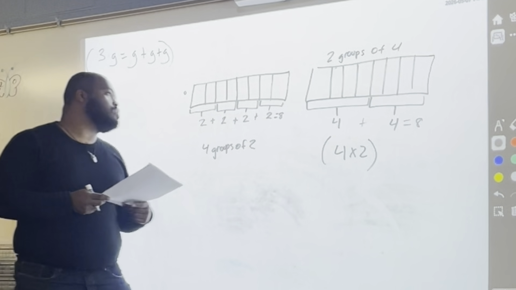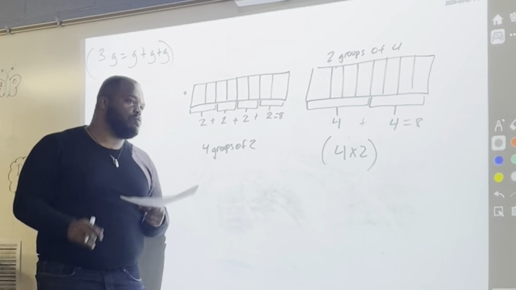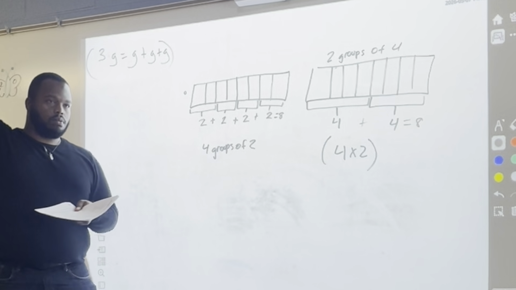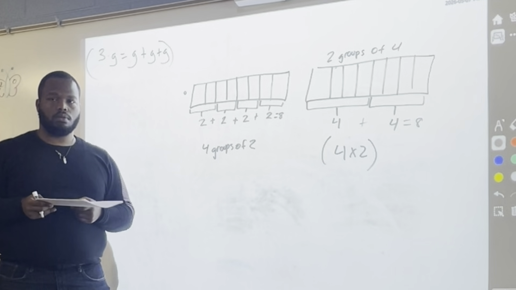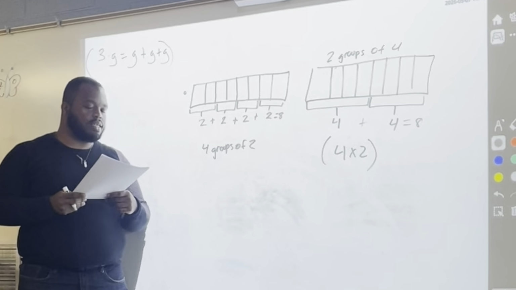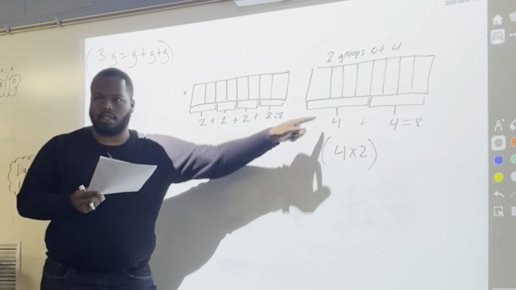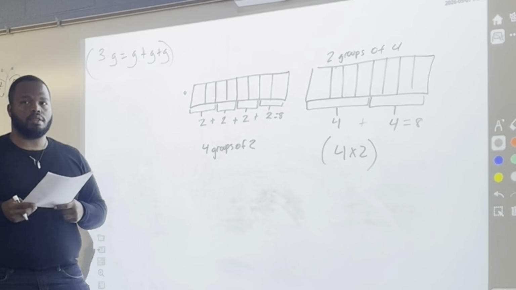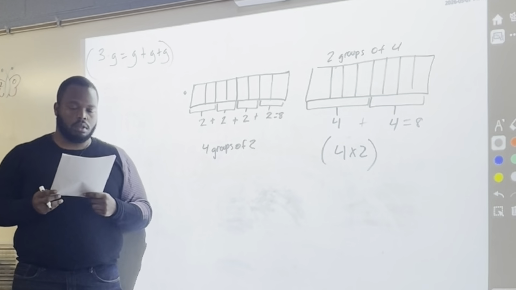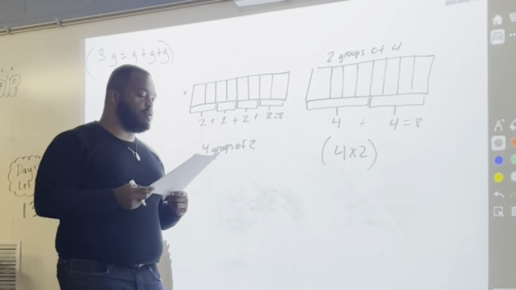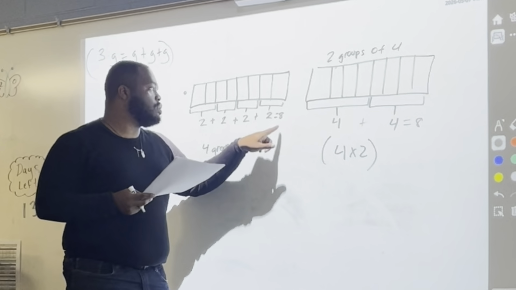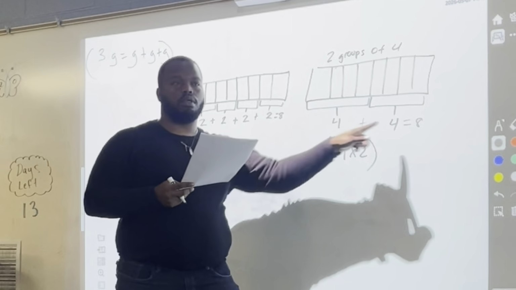So why are these 2 diagrams the same? Why would they be considered the same? Harrison? Because they both have the same answer. Yep, they both have the same value. The values are equivalent. So they both equal what number? 8.